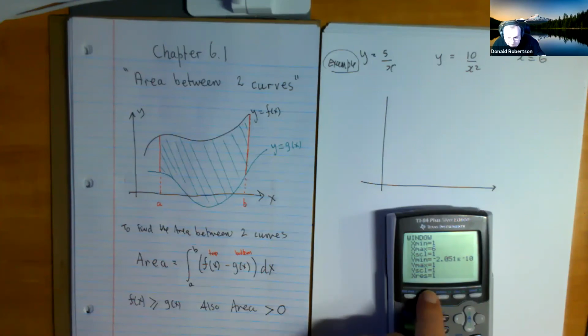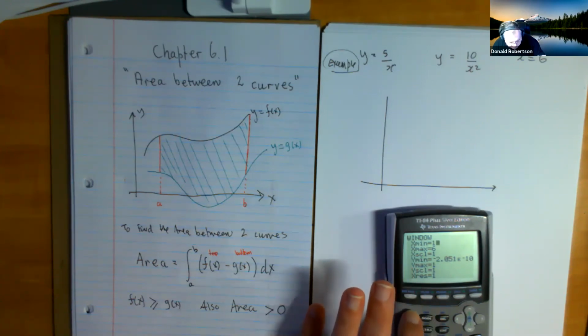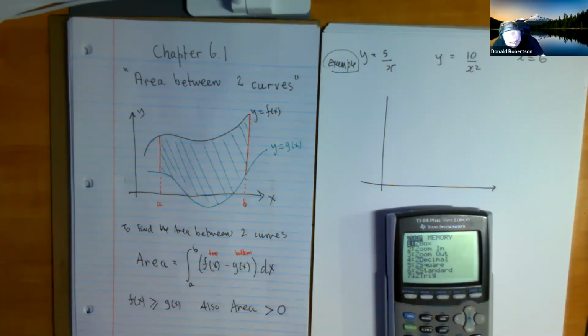Now I can do zoom 0 and I might have an idea. Oops, I'm not. Start at 1. Now do zoom, which I thought I did the first time, 0.